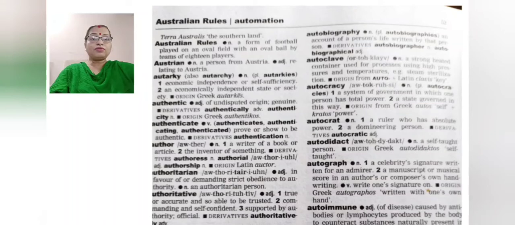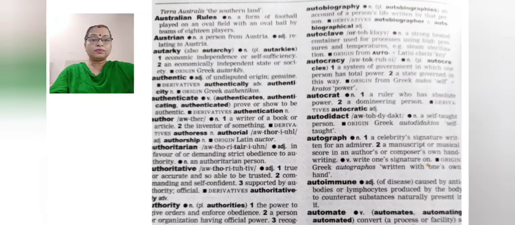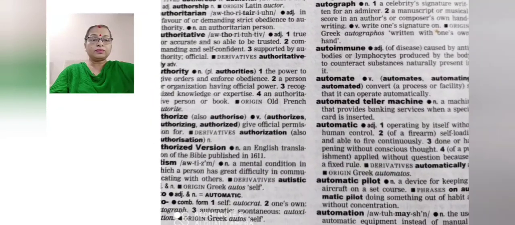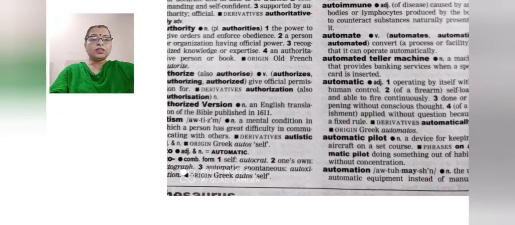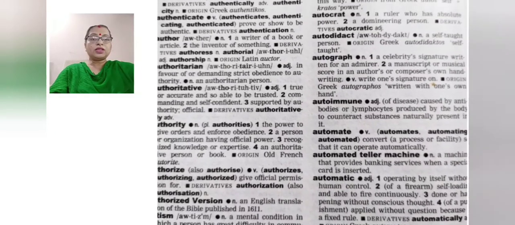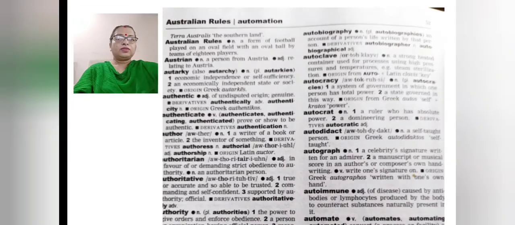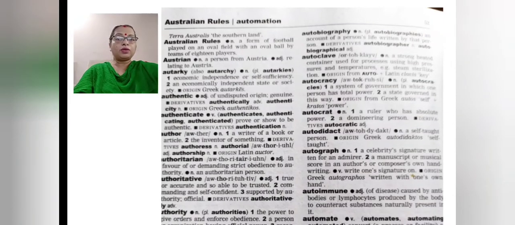So you have from Australian rules to automation on this page. Yes, the last word is automation. So this is guide word. So here what do you find? That means all the words from Australian rules to automation will be found on this page.